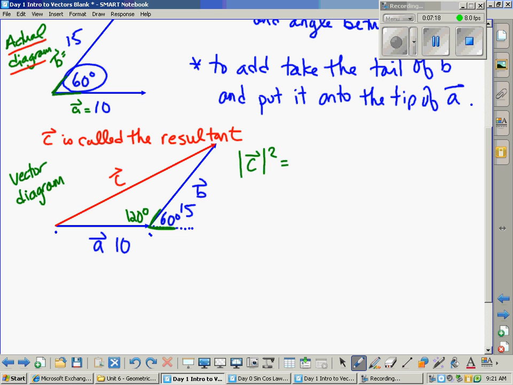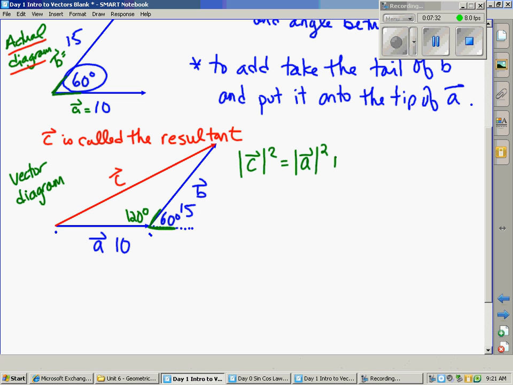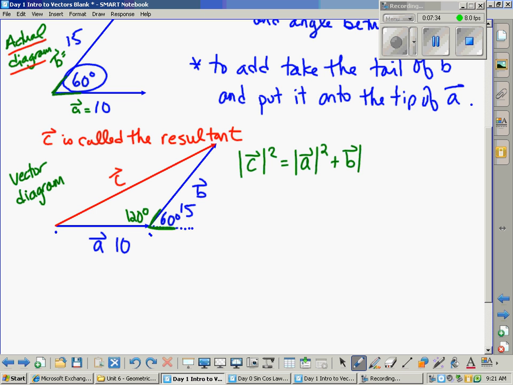So C squared equals the magnitude of A squared plus the magnitude of B squared minus 2 times A times B cos the angle between them. And we just figured out that the angle between them is 120 degrees.